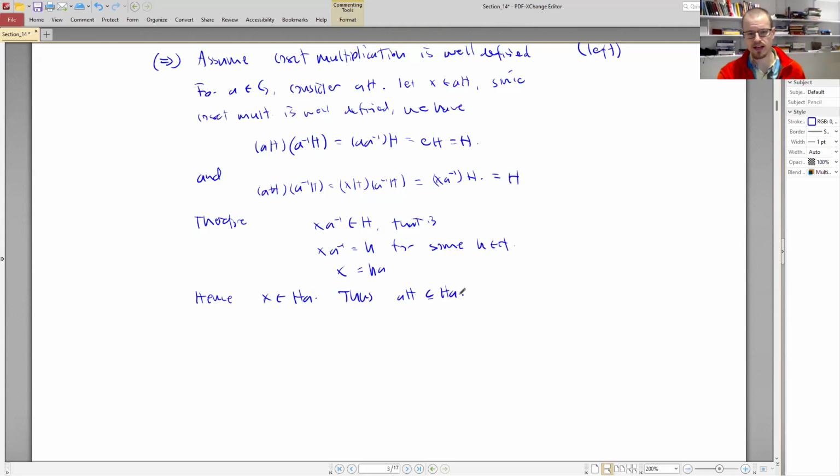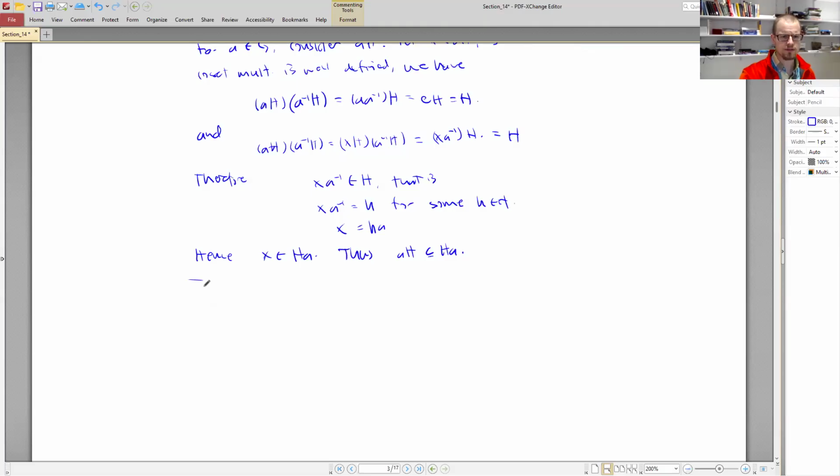So that gets me half of what I'm trying to show. I want to show that AH is equal to HA. They're both sets, so I need to show that one set is a subset of the other in both directions. So now I want to start with something in HA and show that it must be in AH as well.